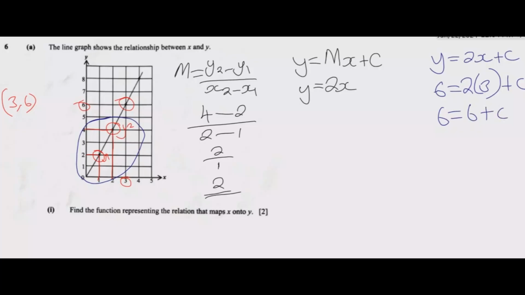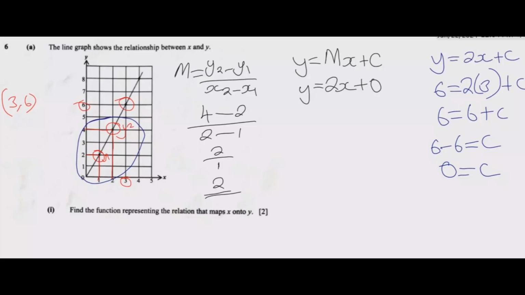Then we put like terms together. We say 6 minus this 6, which will cross the equal sign and become minus 6, is equal to c. So when you subtract 6 from 6, you remain with 0, which is equal to c. So the constant here is 0. So we're going to write the constant as plus 0, like that.